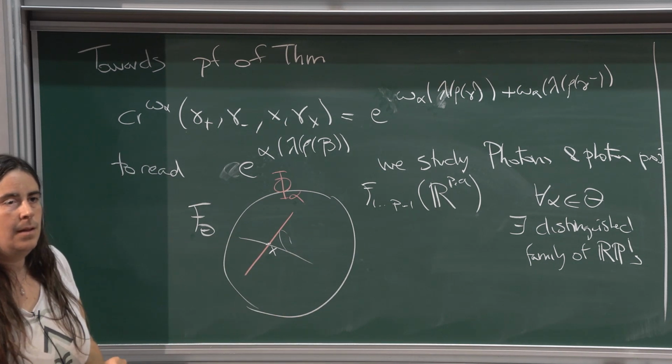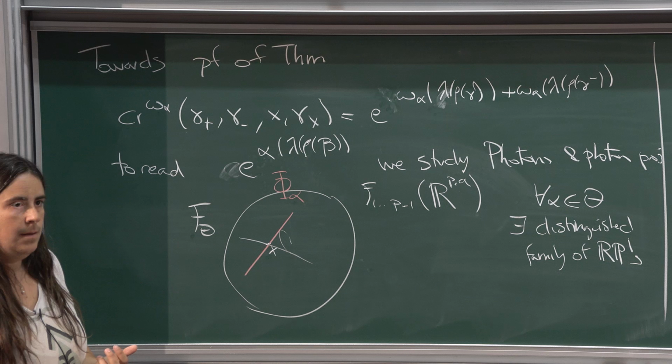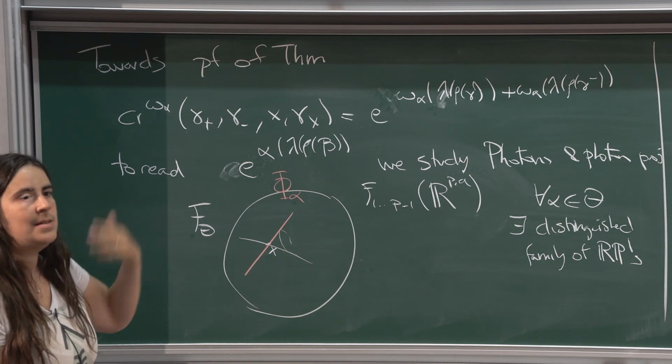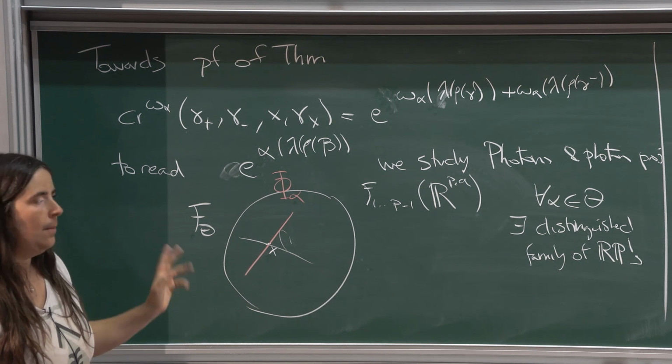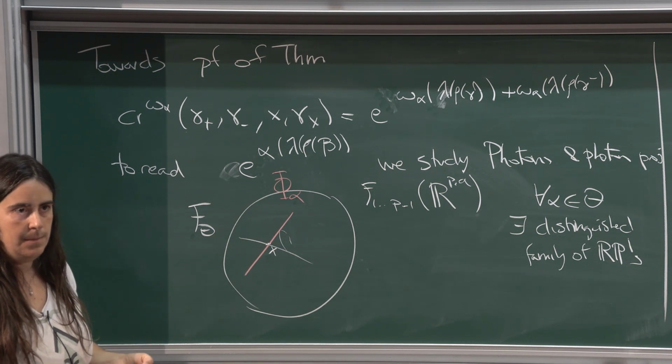Yeah? So when you say that you have a distinguished family of RP1s, what you mean is through every point of the flag space there is a unique photon? No. Okay. No, there are more. There is a family of photons, but this family is G-equivariant.